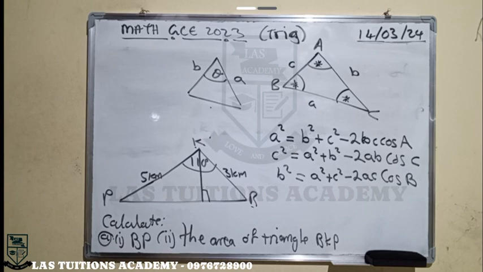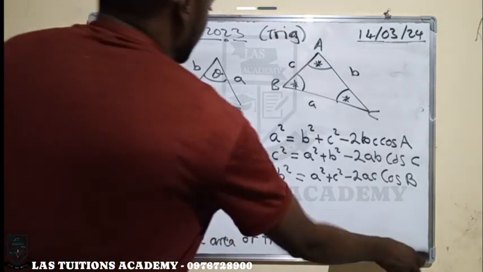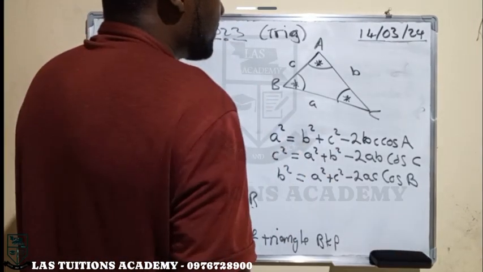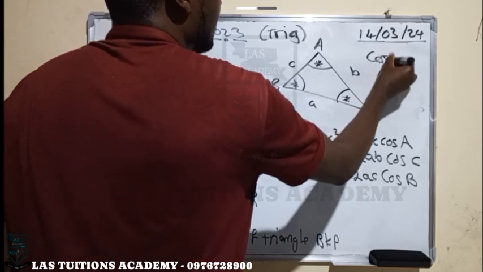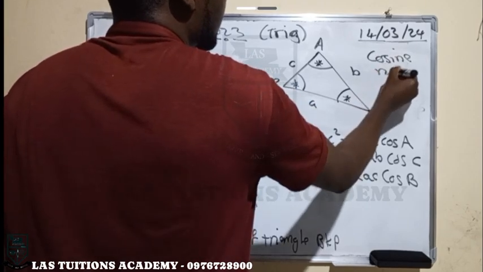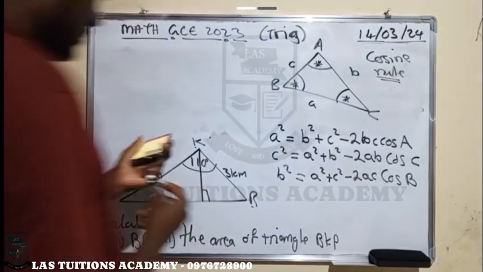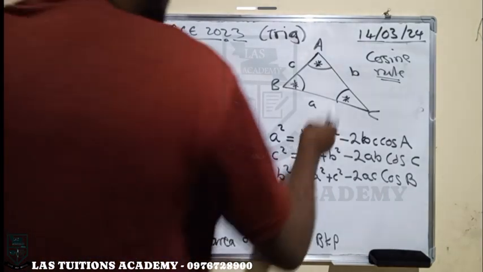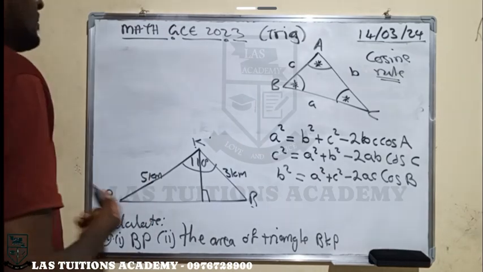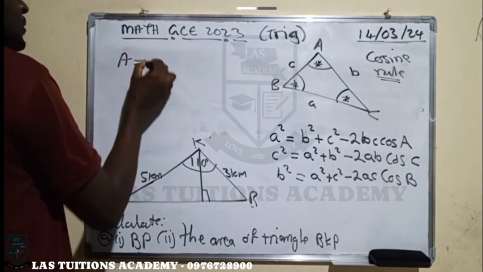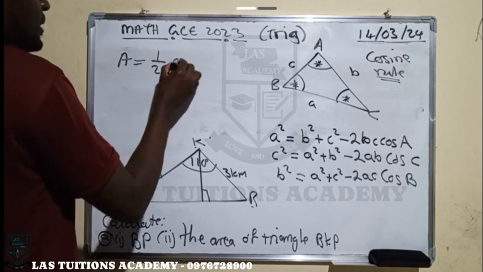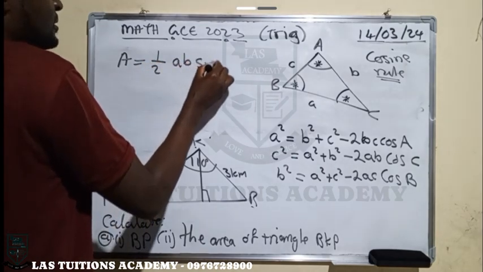This one is what we call the cosine rule. Here, if you want to find the area for this triangle, we say area is equal to half AB sine A.